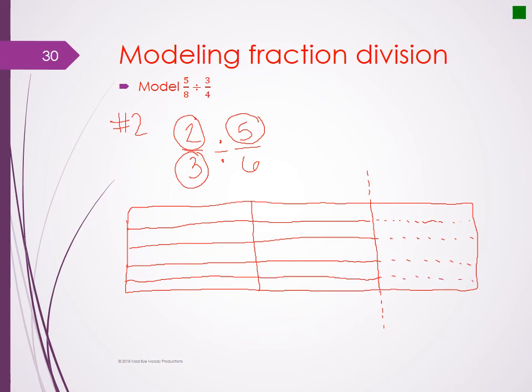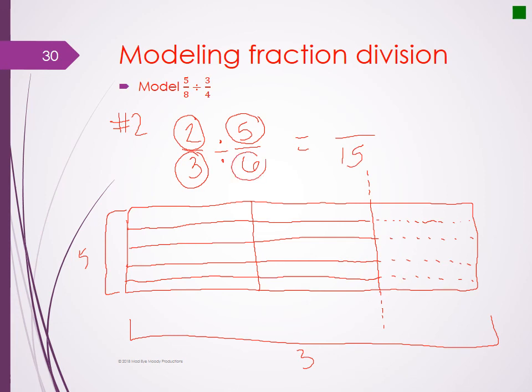You'll notice now there's 5 this way on the width, and now there are still 3 in the length. So my original whole, which I had split into 3 pieces, now it takes 15 smaller pieces to make up the whole. The denominator of my divisor tells me the number of pieces of this size that I'm going to look at.